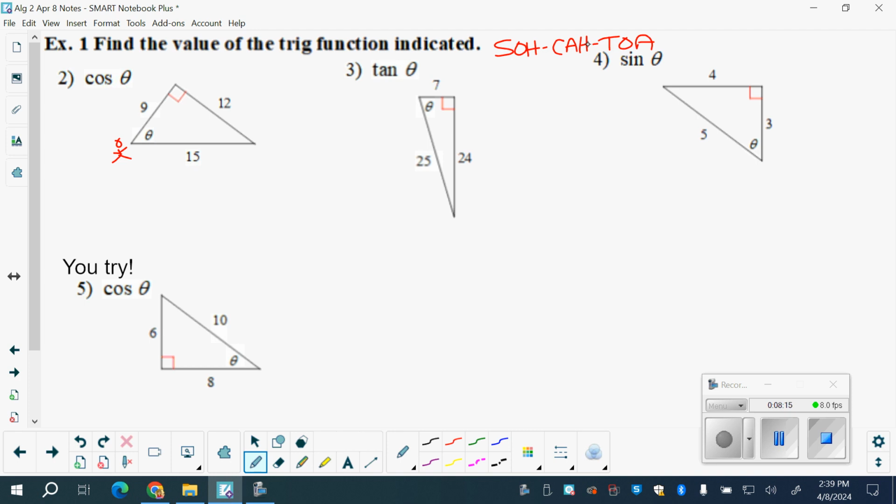So we're doing cosine. So what would cosine be, Frankie? Which one of these is cosine? Okay, and so what is that? What over what? What's A and H?